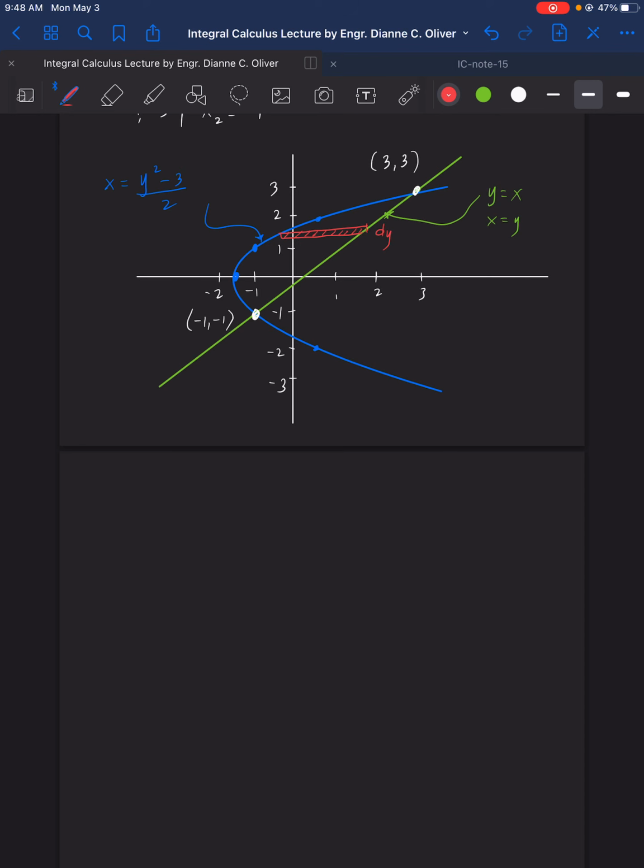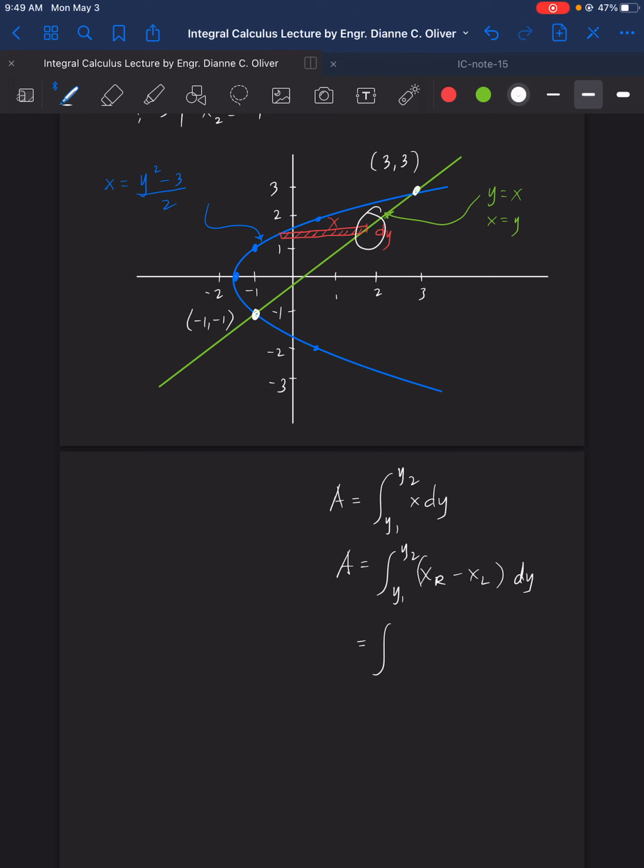So dy, so area is equal to integral of x dy, y1 to y2, because of dy. So area is equal to integral of x right minus x left dy, y1 to y2. Now this is equal to x right.